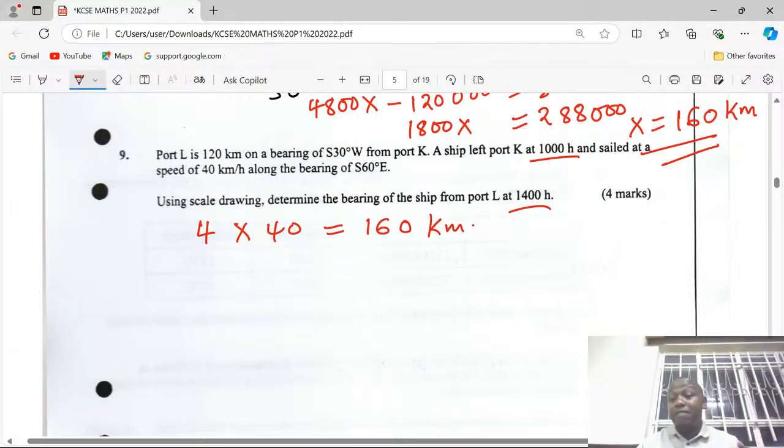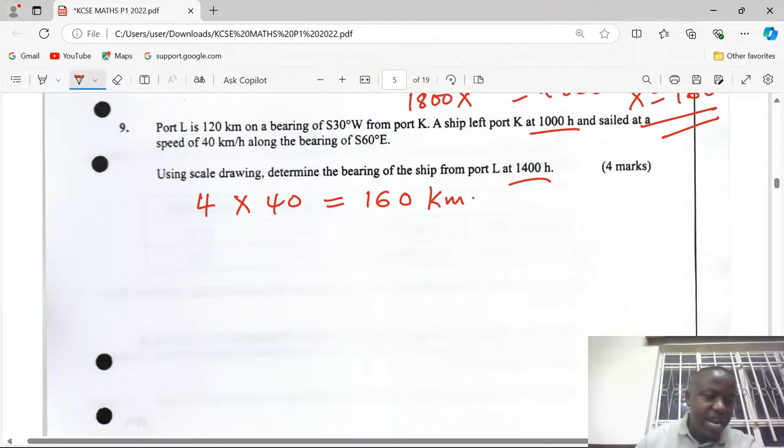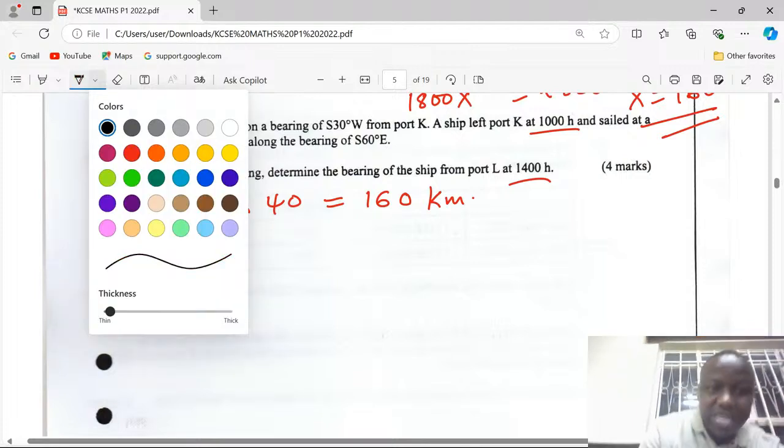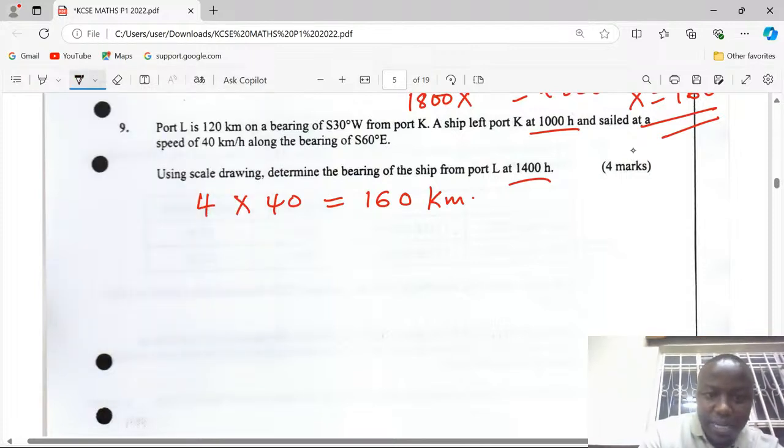If we have the distance covered and we know the bearing through which it is moving, we can come up with a scale diagram. Port L is on a bearing of, so we start with K. Let me just sketch for you to finish up later.